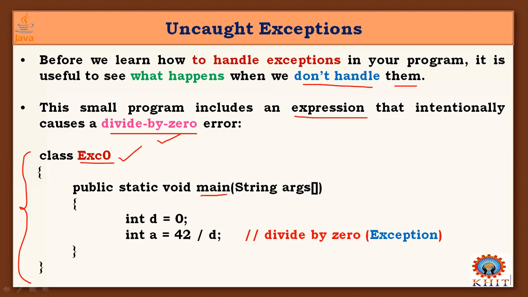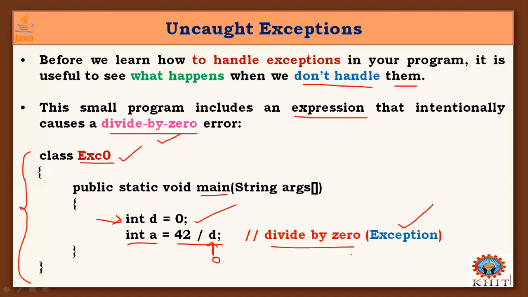Inside the main method, we have created one integer variable, int d equal to 0, and int a equal to 42 divided by d. What is the value of d here? It is simply 0. So this is the case called divide by zero exception.